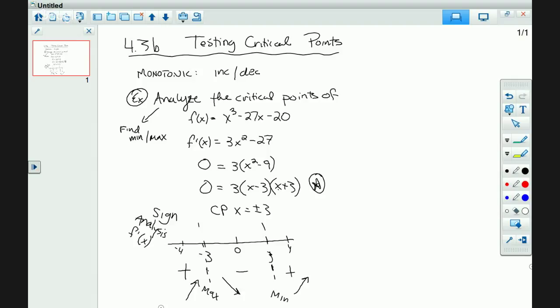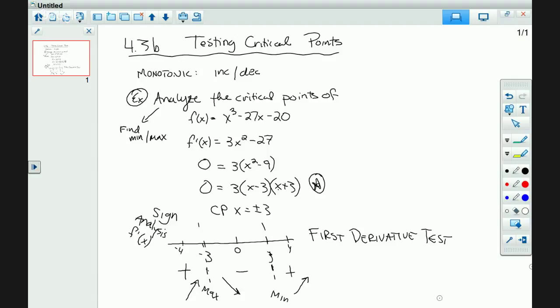You just did something called the first derivative test, and you didn't even know it. That's called the first derivative test. All the first derivative test says is, if the function is differentiable, you have to be able to take the derivative, right?